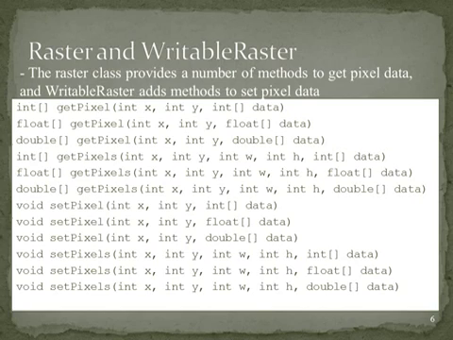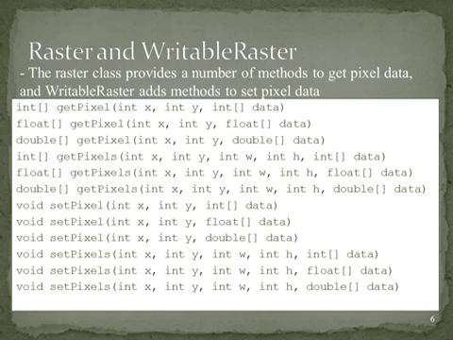The parameters x, y specify the location of a pixel, and w, h the dimension of a rectangle of pixels. The data array holds the pixel data. The size of the array depends on the type of the image.